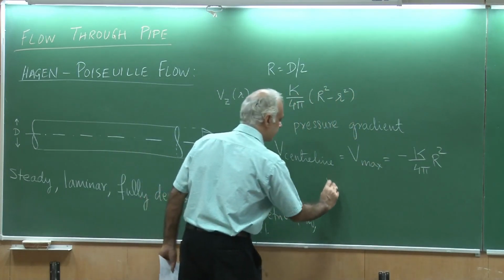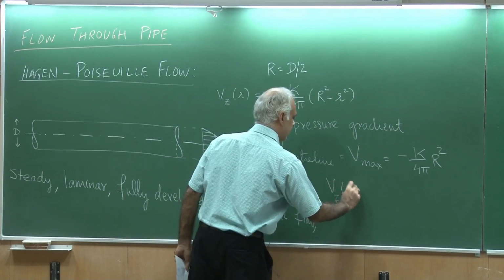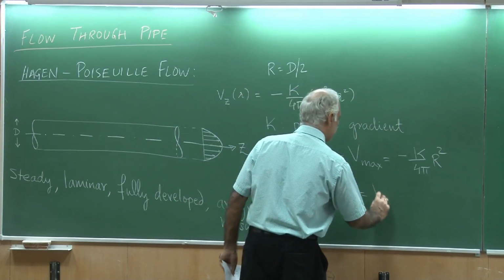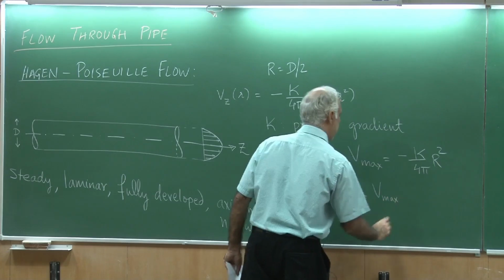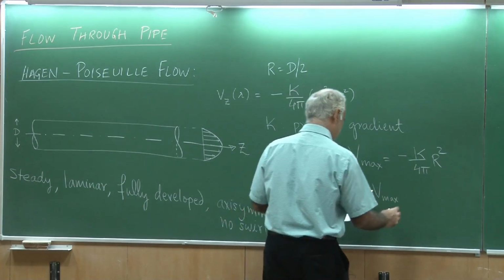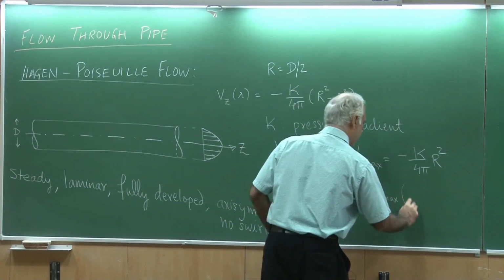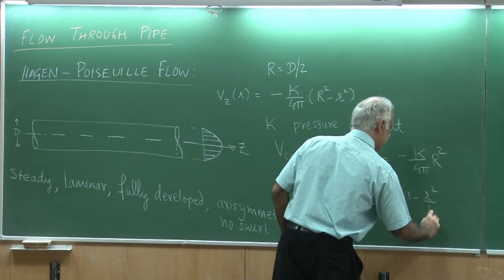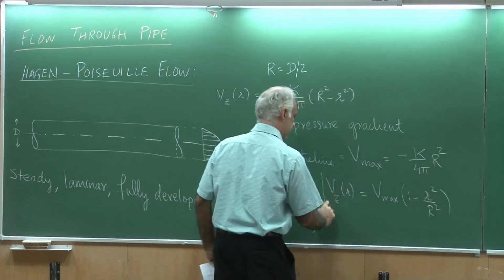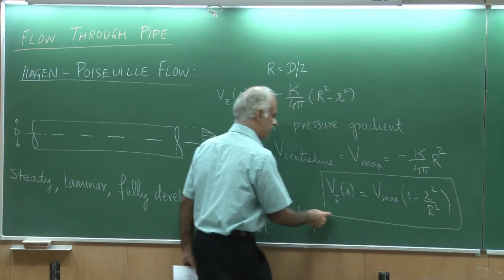So we can write Vz as V max times (1 minus r square over R square). That is the parabolic profile.